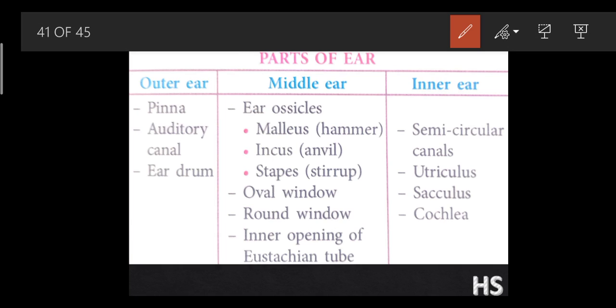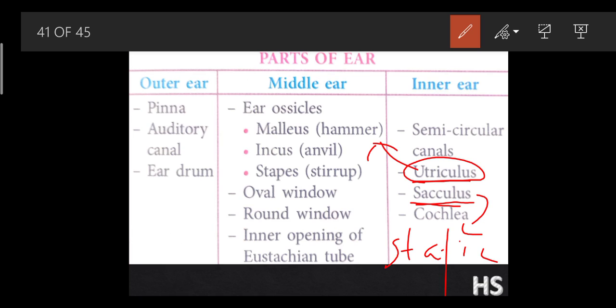This utriculus helps in maintaining the balance, and this sacculus also helps in maintaining the balance, but sacculus helps the body maintain balance in the static position, and utriculus helps in dynamic balance. Sacculus helps in maintaining the static balance, whereas utriculus helps to maintain the dynamic balance.